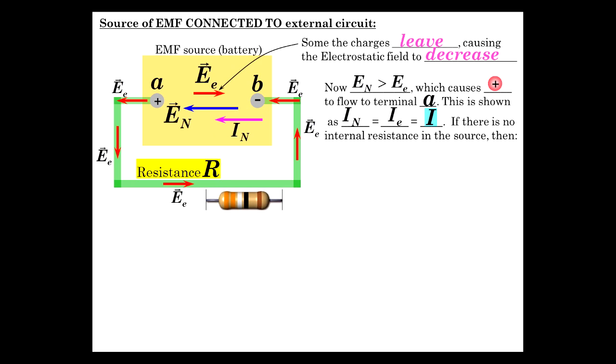Here, this is the current that's flowing as a result of this non-electrostatic field winning out over this inside here. And that's an ongoing process, putting extra charges on there, which then move around this circuit, resulting in a current I from the electrostatic field pushing the charges around the circuit.